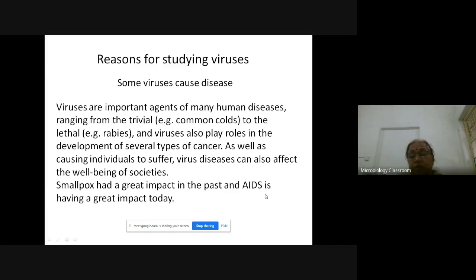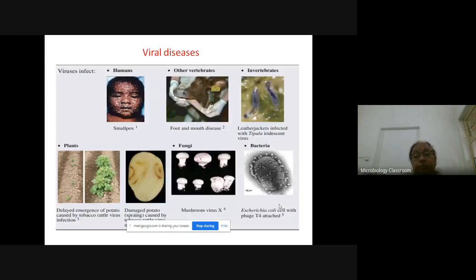The SARS viruses and the MERS viruses also have a great impact nowadays, or in the coming decades. In the coming 10 years, these viruses have changed the scenario of living of individuals in India as well as over the globe.